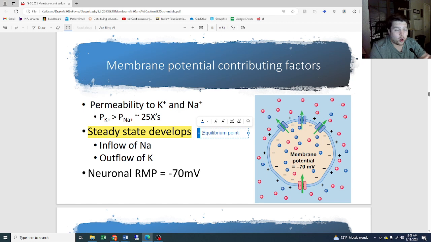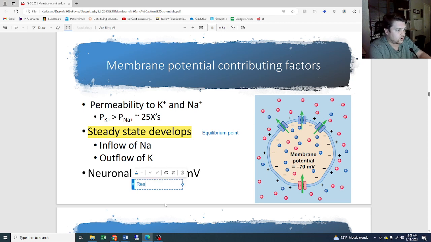All of that together is what helps maintain us at the resting membrane potential. So specifically for neurons, the neuronal resting membrane potential, that's what this is down here, RMP stands for resting membrane potential.